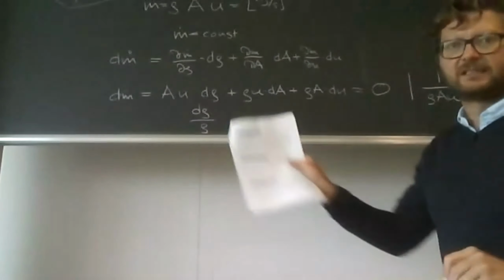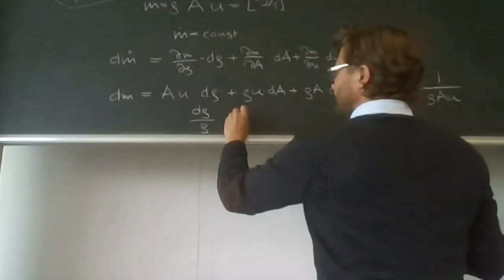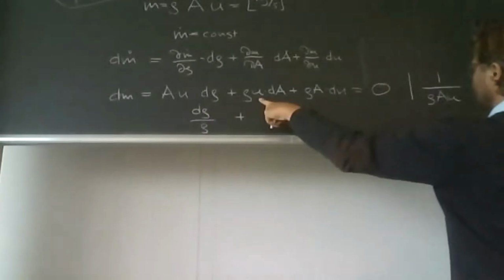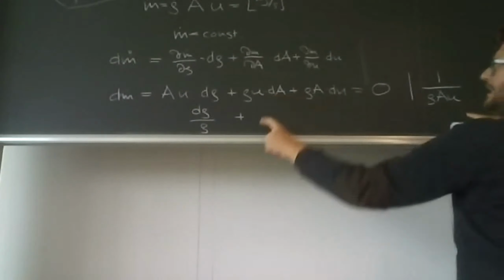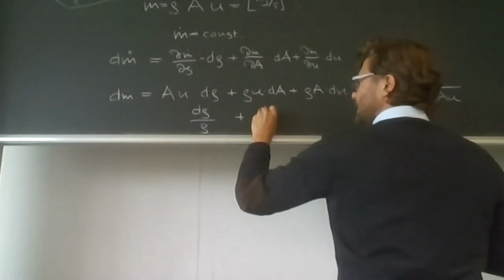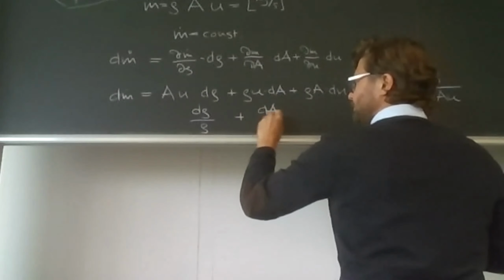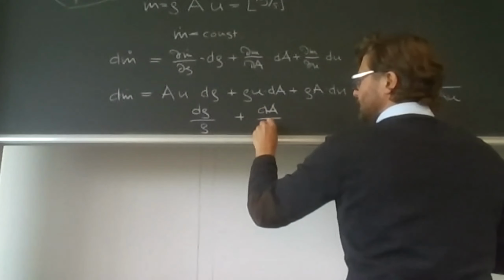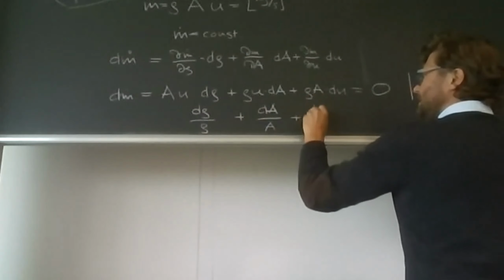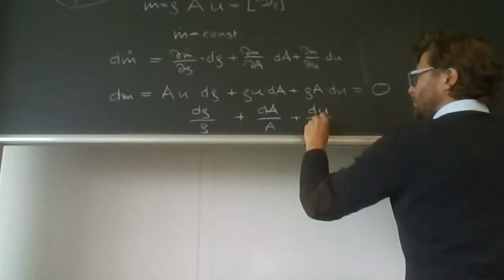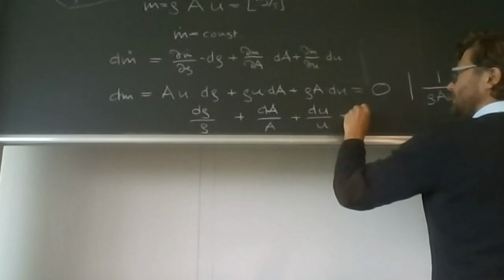From the second term, rho U cancels, and the only thing that remains is a dA over A. And for the third term, it's only a du over U, equals 0.